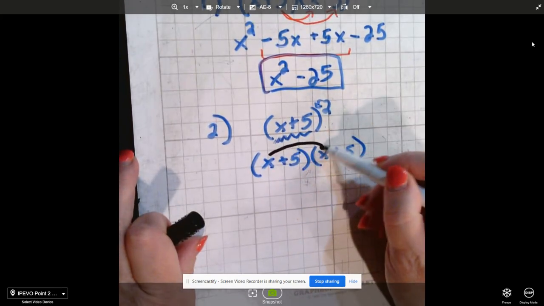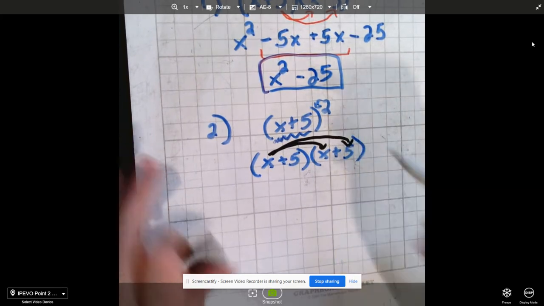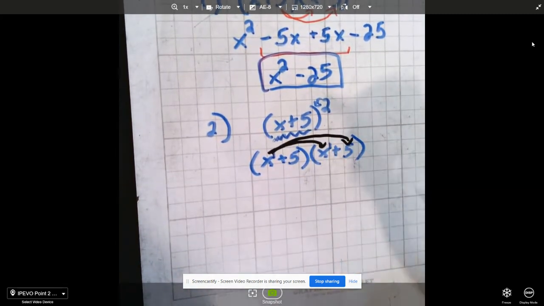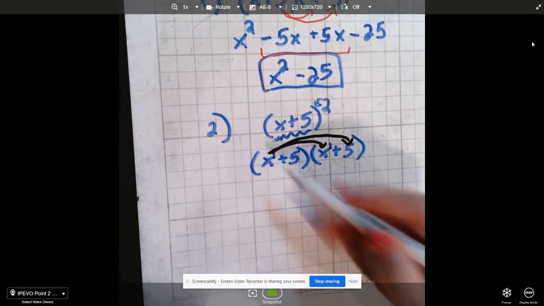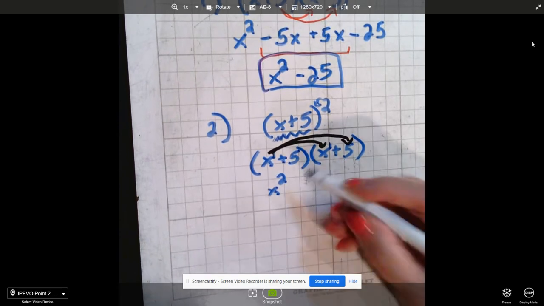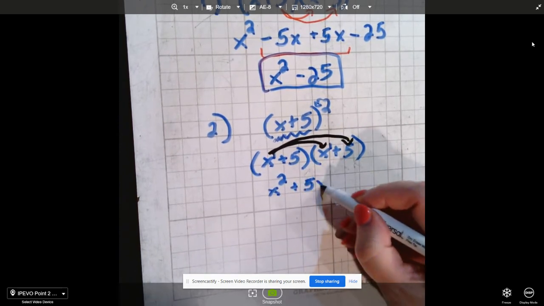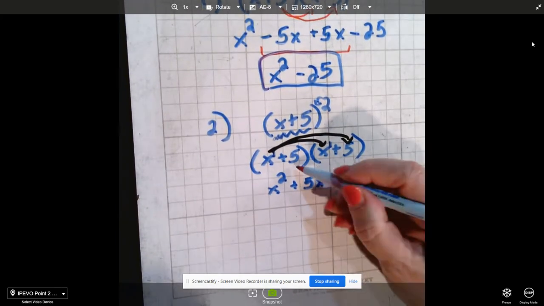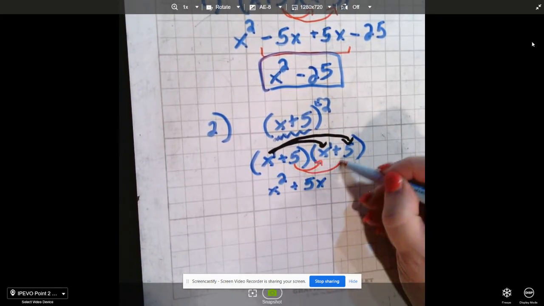You're going to multiply these two together and these two together. So remember, the exponent on each one of these x's is a 1. X times x is x squared. X times a positive 5 is a positive 5x. And then you're going to do the next one, which would be these two and these two.